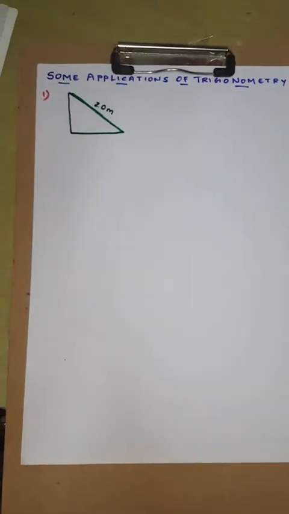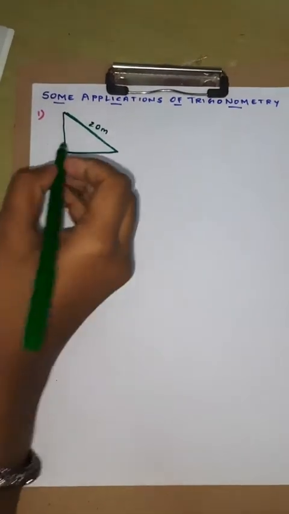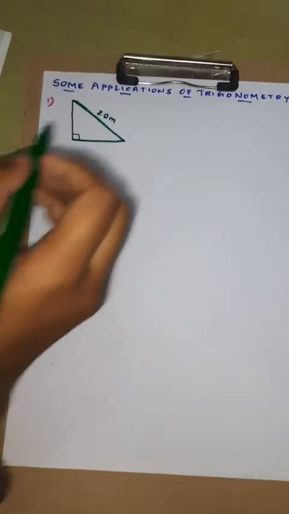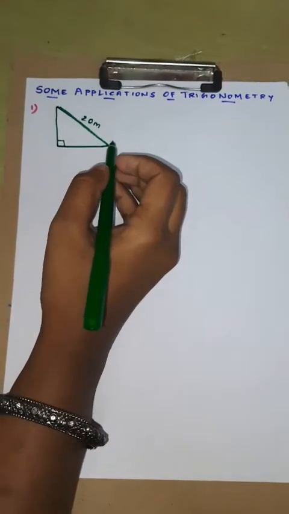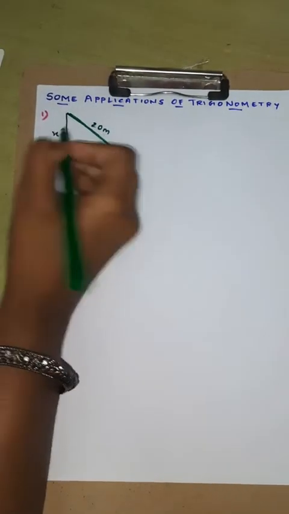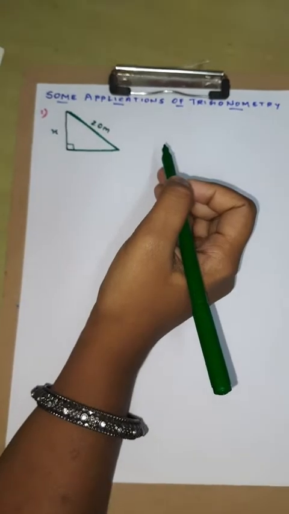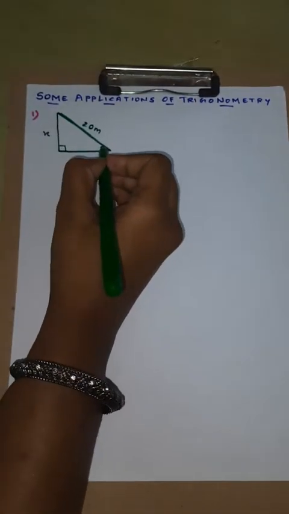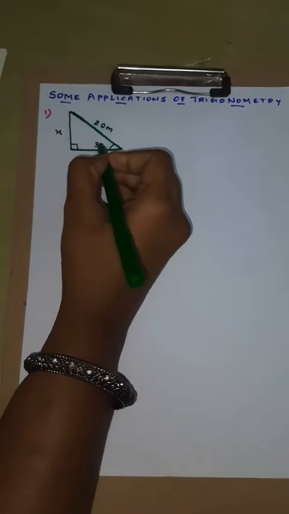So we have written the rope length to be 20 meters. As we see, it formed a right angle triangle. So let me mention the angle over here. And even in the question, it is given that find the height of the pole. Like we have to find this x. If the angle made by the rope with the ground level is 30 degrees. So this is given as 30 degrees in the question.